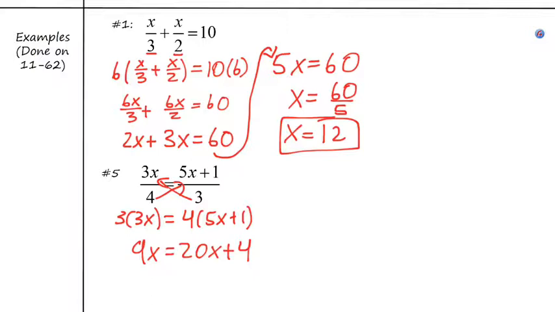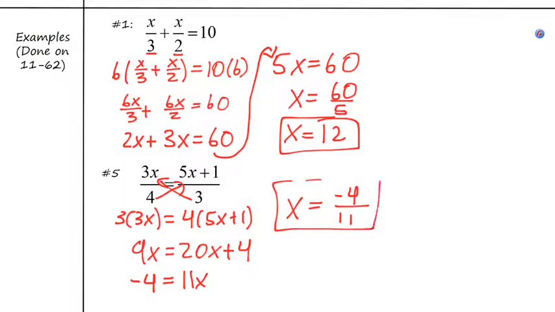Then we'll subtract 9x and 4, so I'll say negative 4 is equal to 11x, and then x is equal to negative 4 divided by 11. So if we have a situation like this where we've only got one fraction on either side, then this is actually a really easy problem.